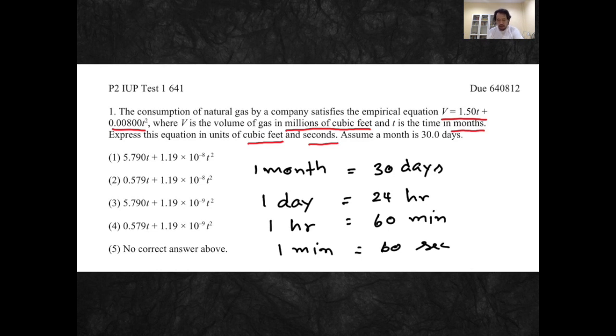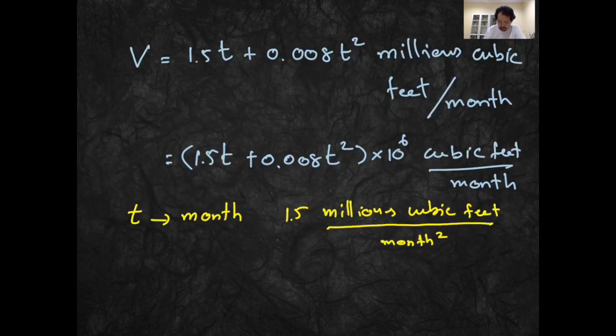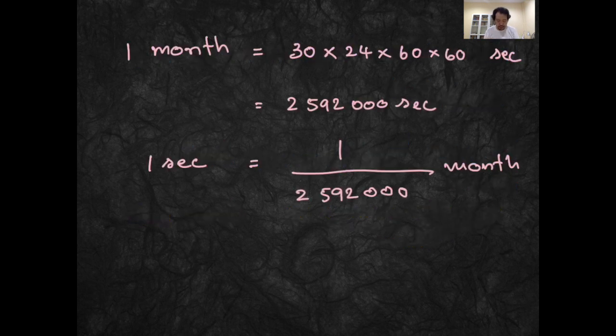Oh, sorry. Here, if we look at this V, so let's change this. V is not the rate of consumption. V is the amount of consumption, right?